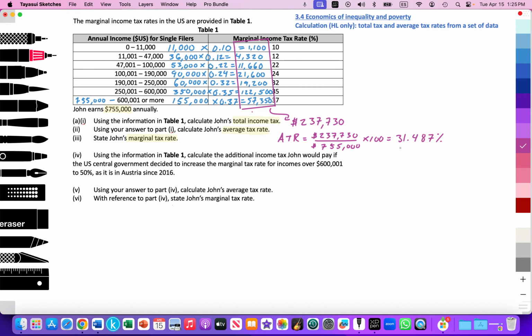On the cover sheet, paper 3 typically says accurate up to the second decimal, so we round it to 31.49. Okay, so there is his average tax rate.